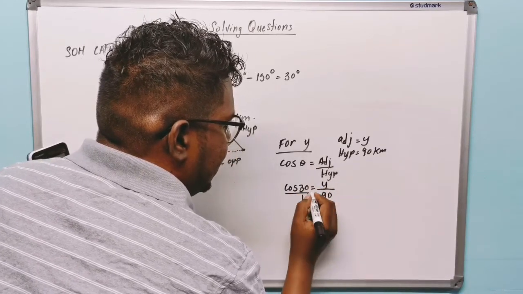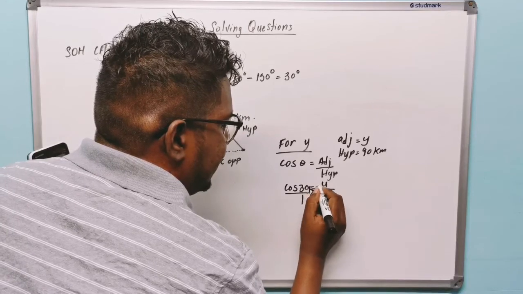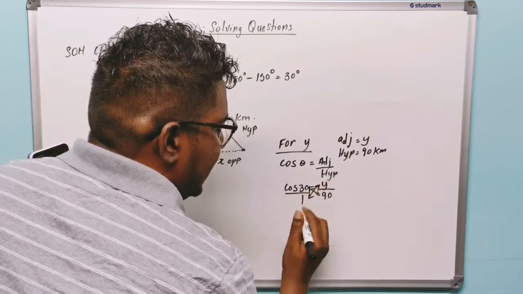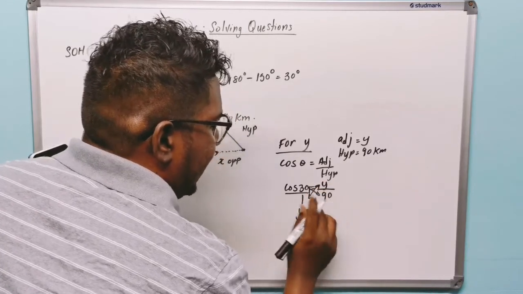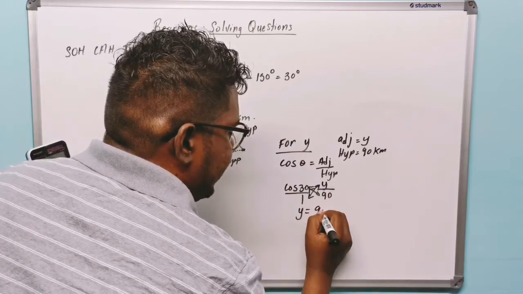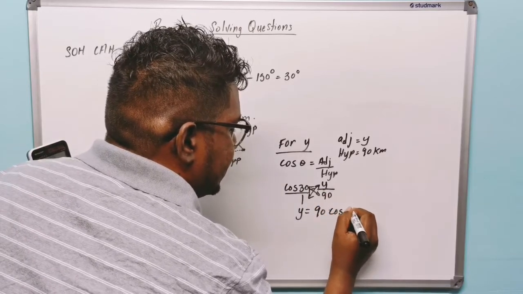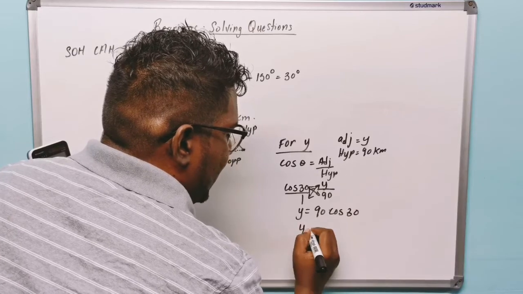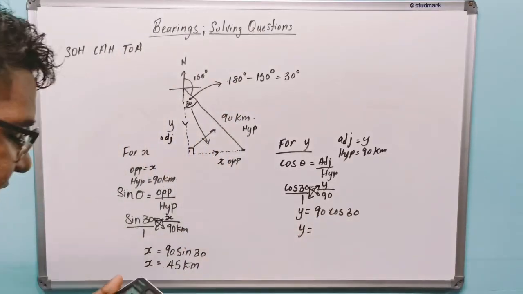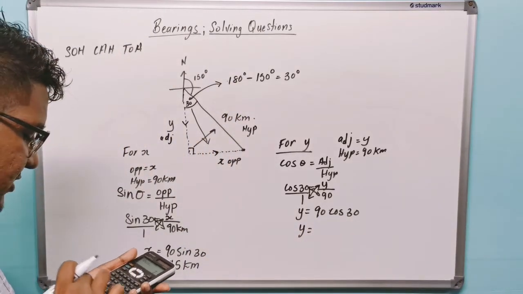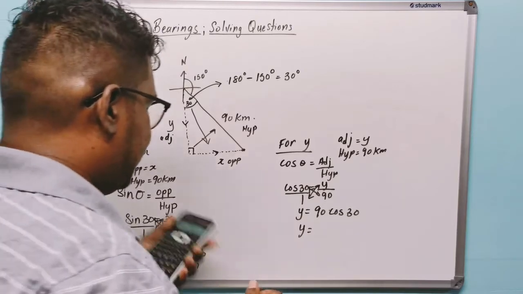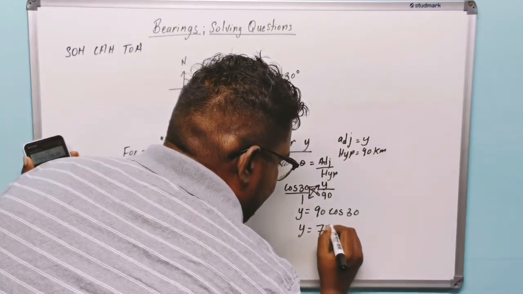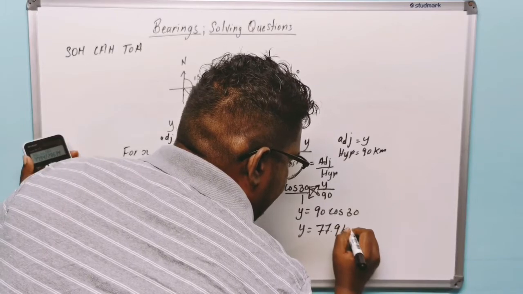We put this over 1 and we cross multiply. So y times 1 is going to give me y, and 90 times cos 30 is going to give me 90 cos 30. Y is equals to, we put this into our calculator, 90 cos 30, and that's going to give me 77.9 km.